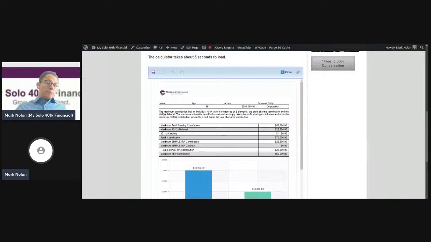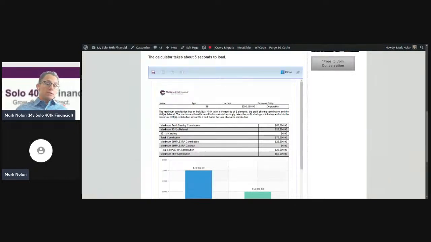You're going to see that the employee contribution amount did not go up. That stayed the same because it's a flat $23,500. So here you're going to notice that if we add 50,000 plus 23,500, that's going to give us $73,500.